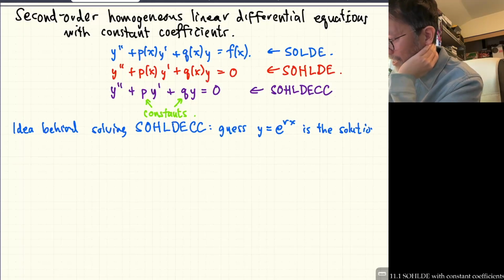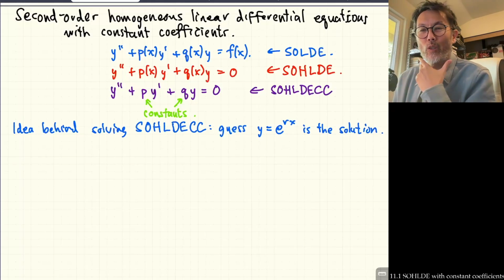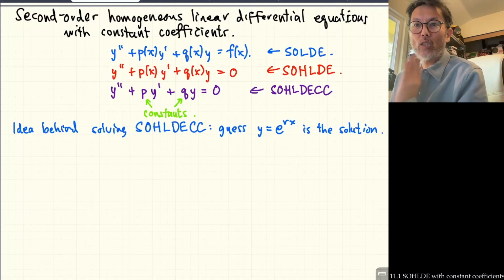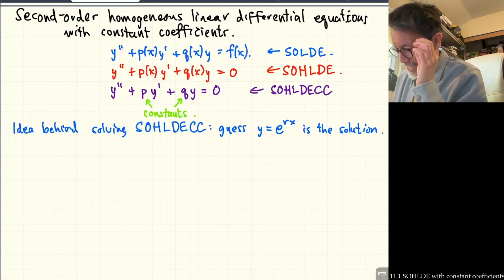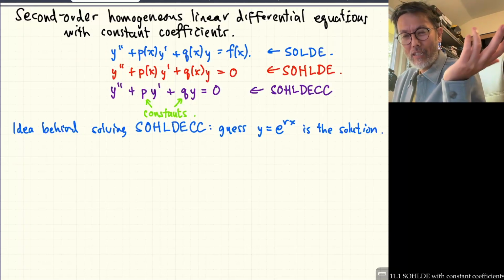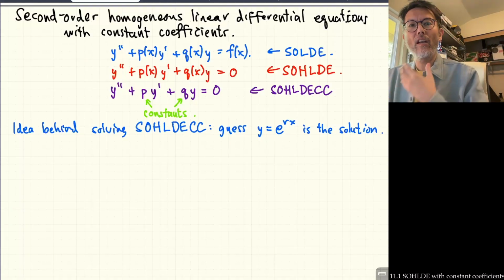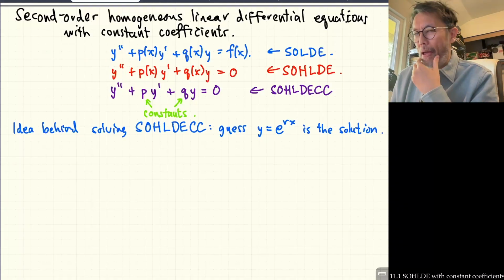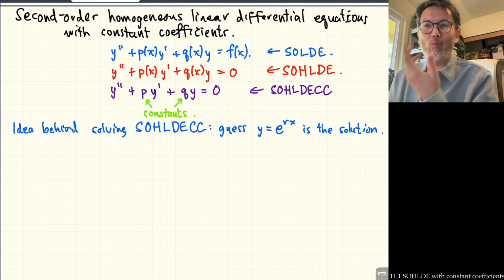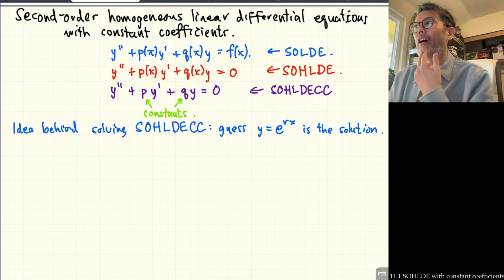This is a highly educated guess because it turns out this works really, really well. And you're allowed to ask, why this? And the unfortunate answer is, I think, because it works. And that's a selling point in and of itself, right? If it didn't work, this would be a terrible guess.